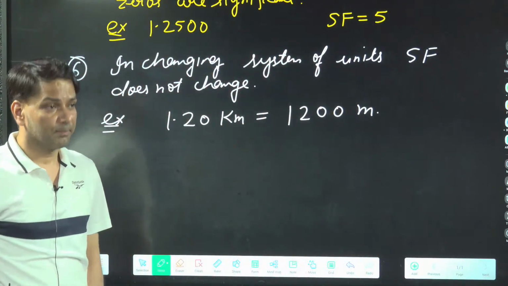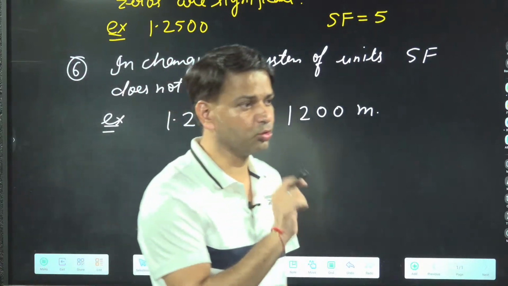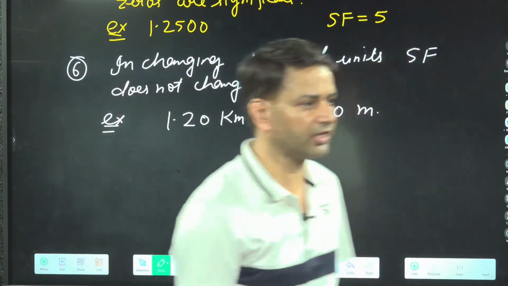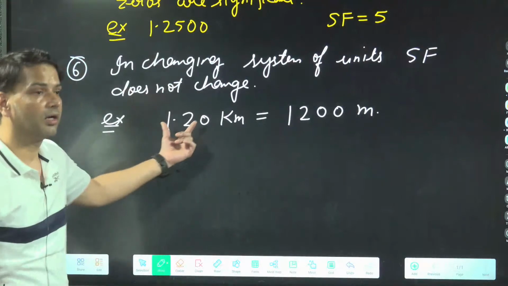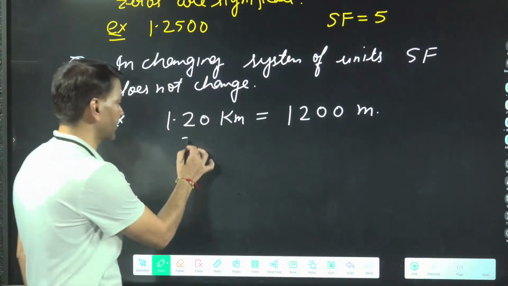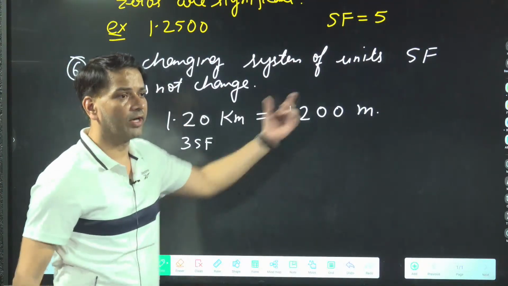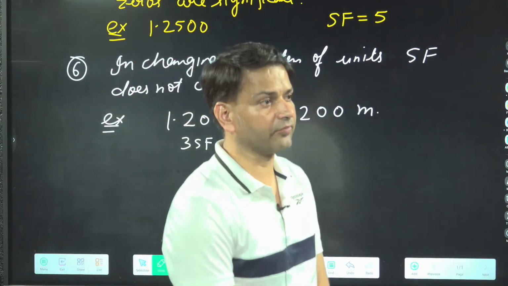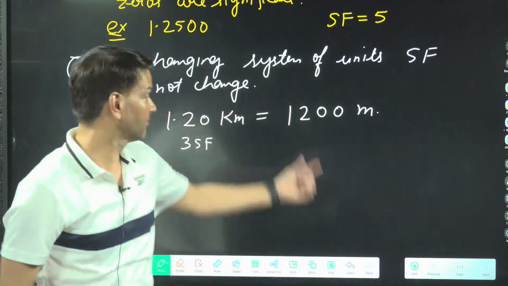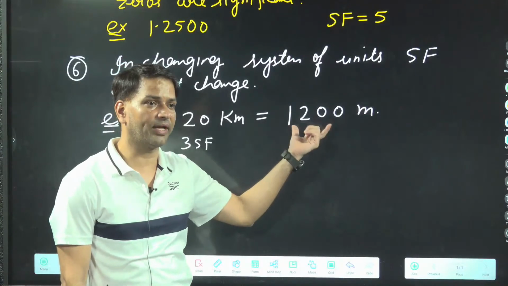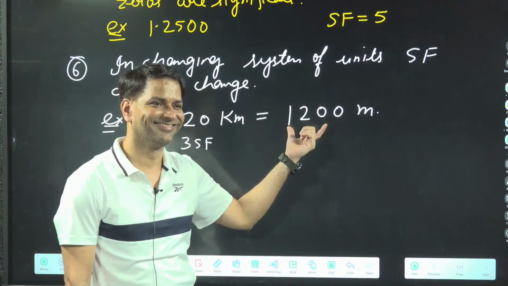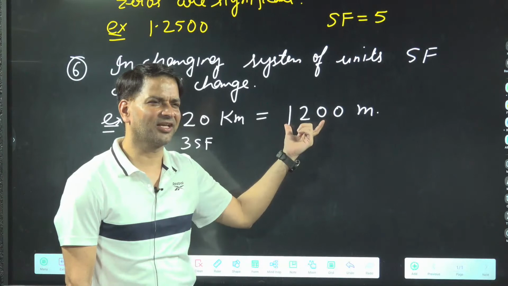But the problem is what? 1.20 kilometer, how many significant figures does it have? 3 significant figures. 1200 meter, how many significant figures does it have? Somebody is saying 3, 2, 4.